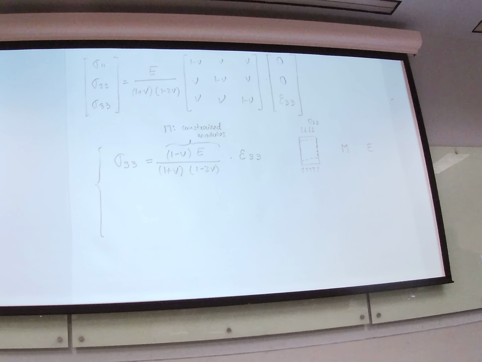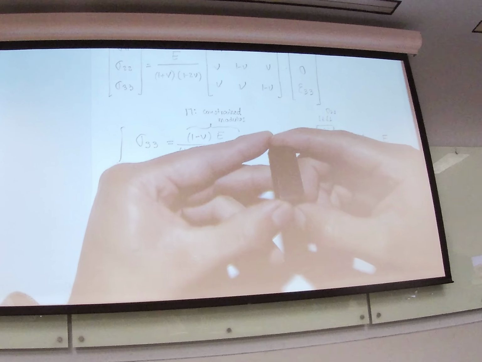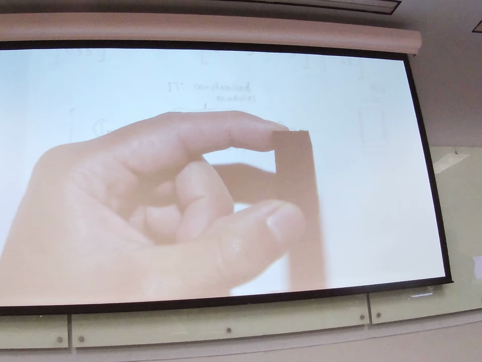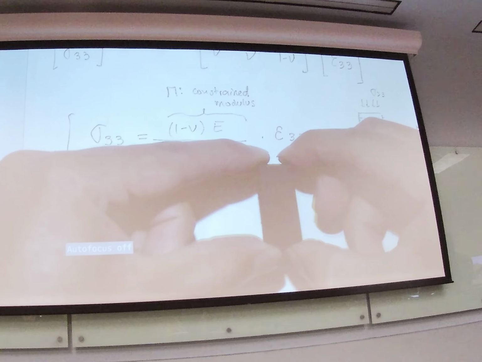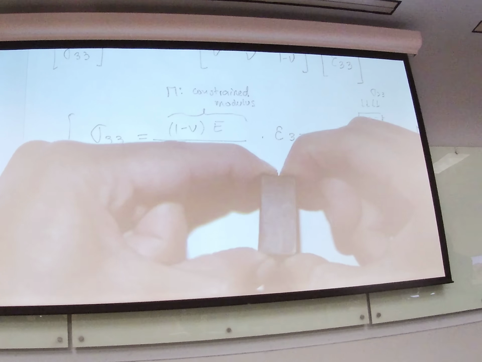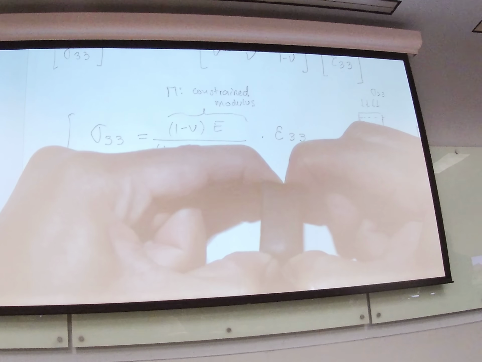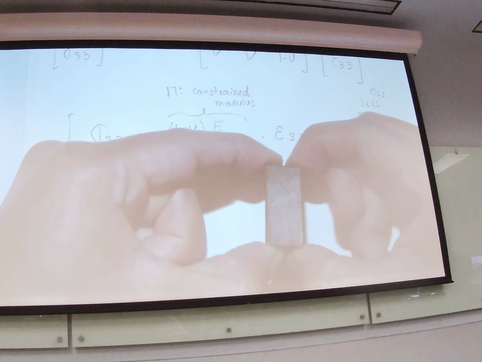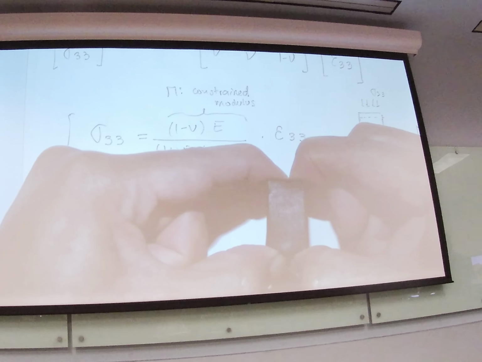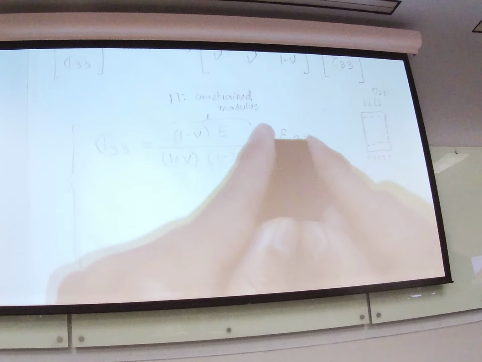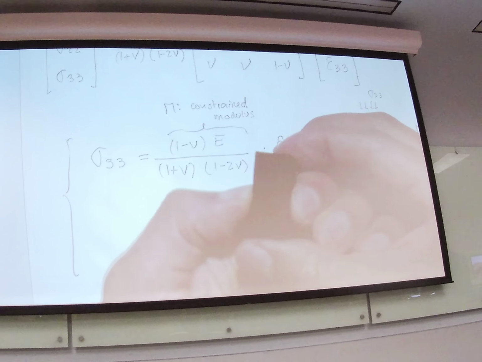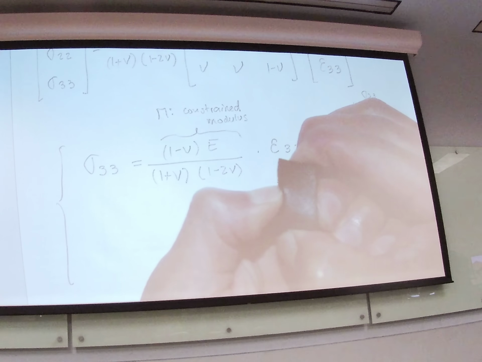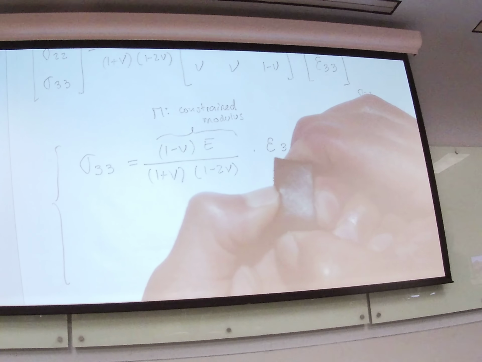So let's do this as an experiment. E is letting it expand to the other direction. Well, in order to get M, I need to get to the same deformation in this direction, but now I'm going to have constrained these sides. So I'm going to have to constrain this side, and I'm going to have to push a lot more to get into that direction.